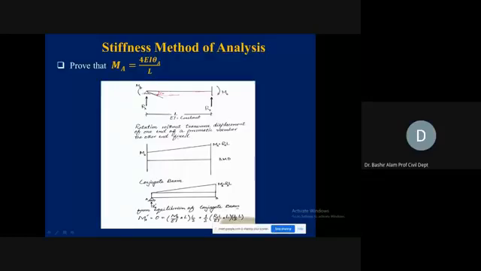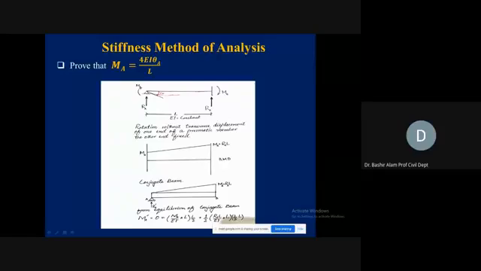So from the equilibrium equation of the conjugate beam, if we take moment about A equal to 0, which is MA prime equal to 0. Why 0? Because it is a hinge support. First we take this rectangle, which has a magnitude of MA over EI from here, so this will become MA over EI times L. This is the total equivalent point load, and it is acting at a distance of L by 2.